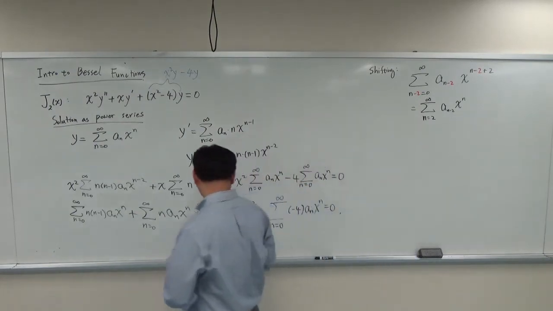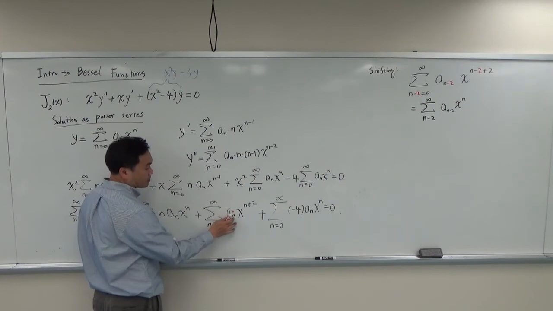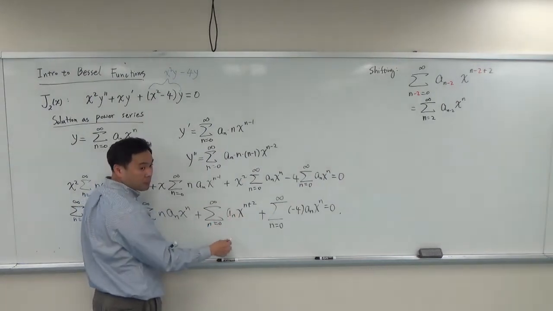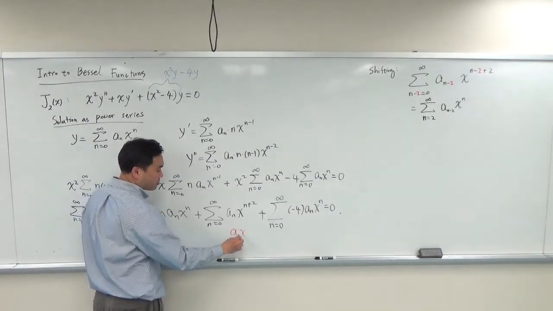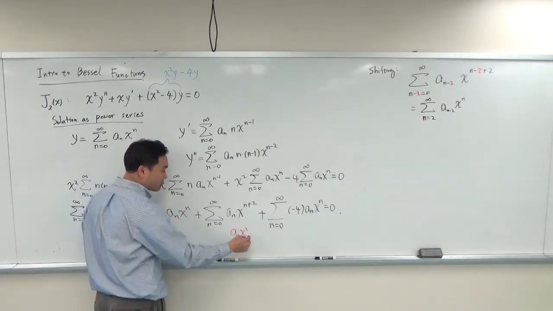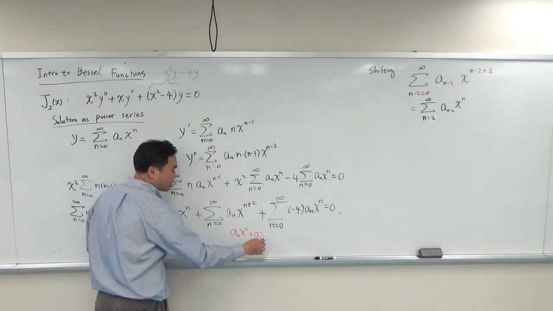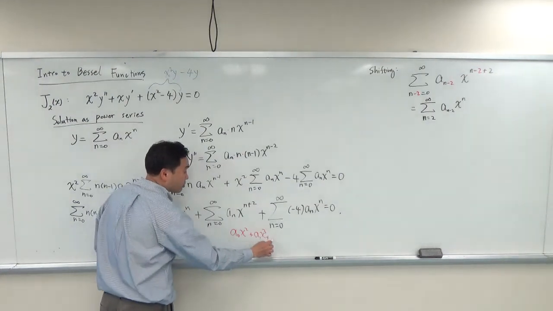What's the very first term that this produces? When n is 0, what does this become? a0 x squared, okay? And then indexes increase by 1 every time, right? So what's the next term? a1 x to the third power, right? And then plus so and so.